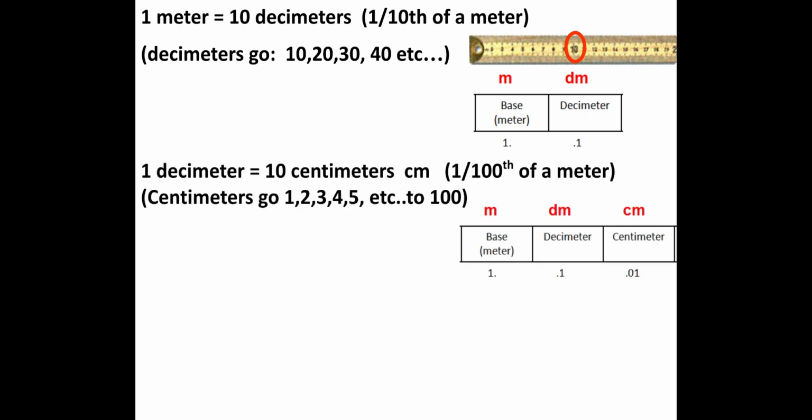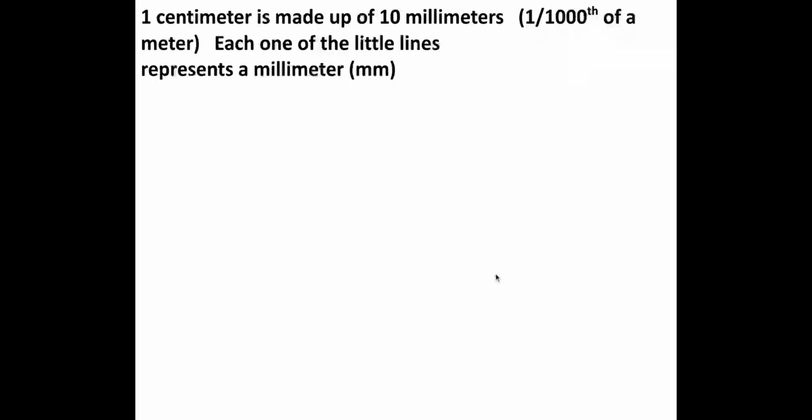The meter is considered a base unit, and you have other units like the decimeter and the centimeter that are smaller units compared to the meter. Like the decimeter, for example, is 0.1 of a meter, and the centimeter is 0.01 of the meter.